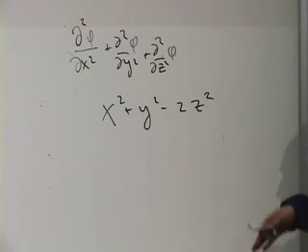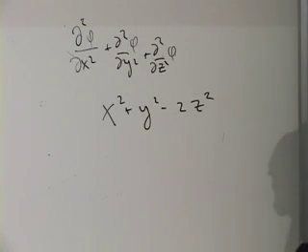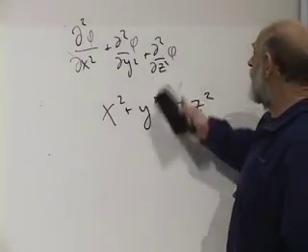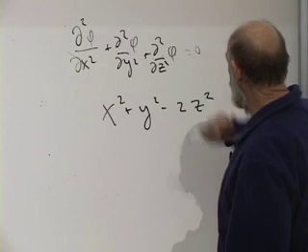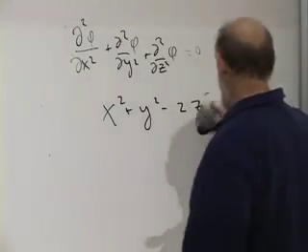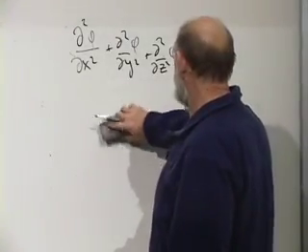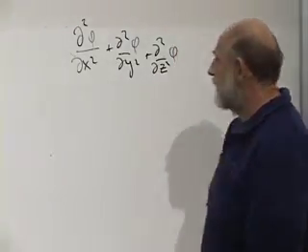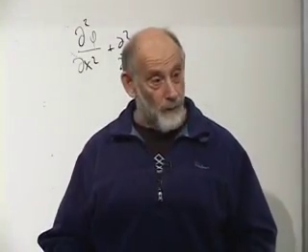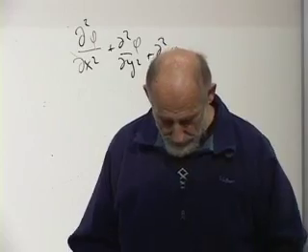So 2 plus 2 minus 4 is equal to 0. Functions with this property are called harmonic functions. There's lots of them. There's no lack of harmonic functions, but there's still not as many as there are of all functions. So there are restrictions.